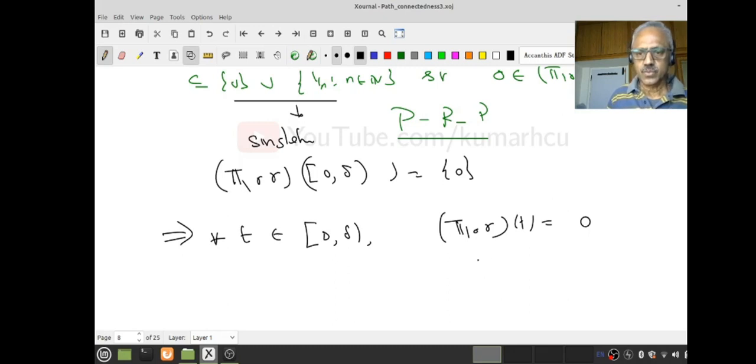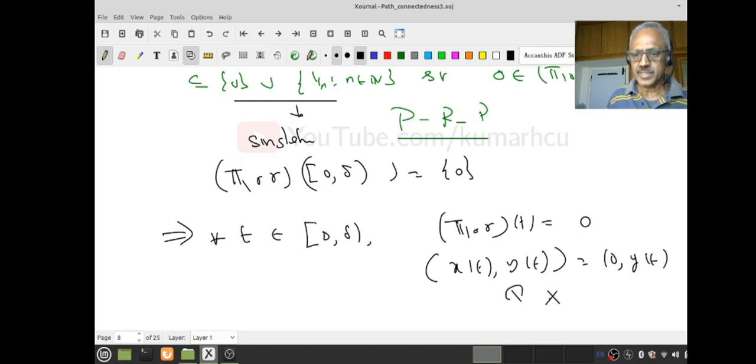right? So if I write this as (x(t), y(t)), then this is the point (0, y(t)). And remember, y(t) must be a point of my space X. This also belongs to B_P(R). That doesn't matter. Therefore this y(t) should be some 1/n.